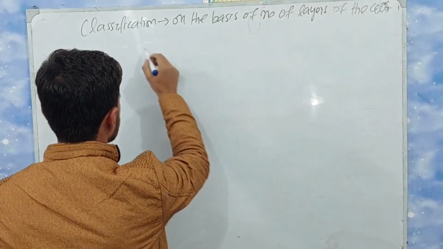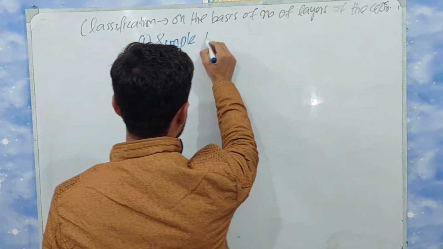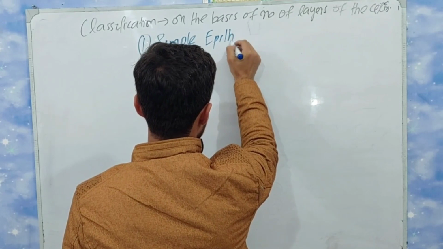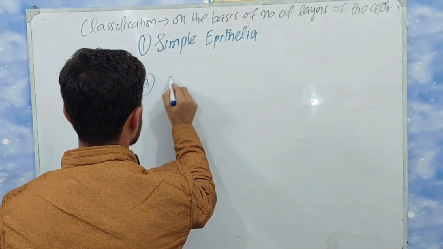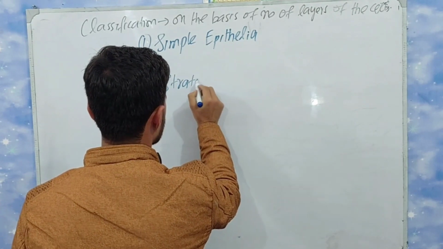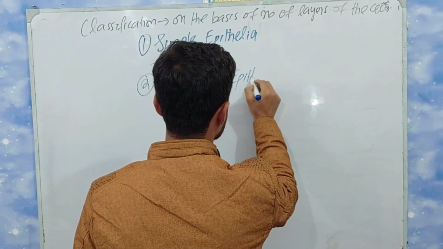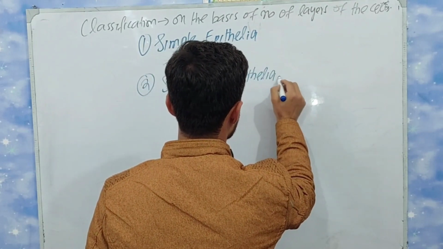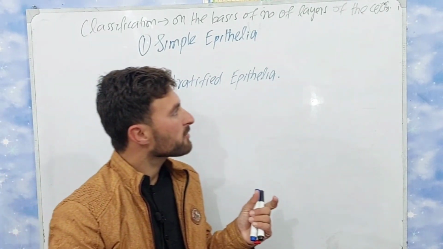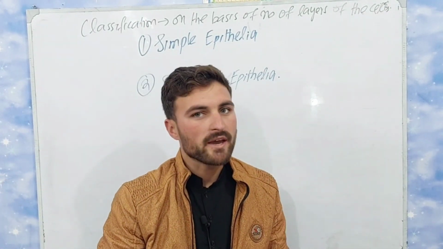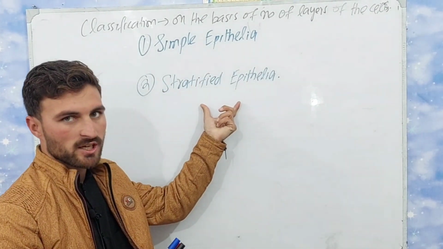The first one is simple epithelia, and the second one is stratified epithelia. So on the basis of the number of layers of the cell, we have simple epithelia and stratified epithelia.